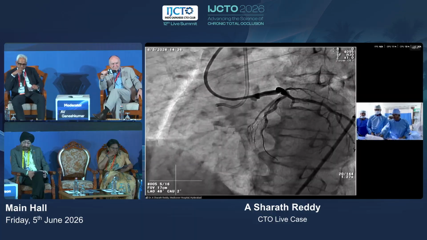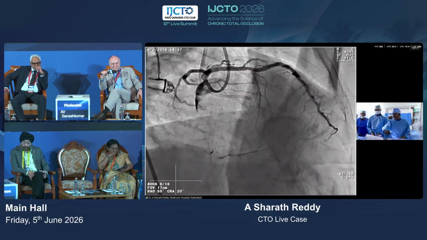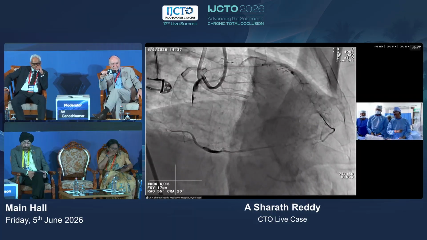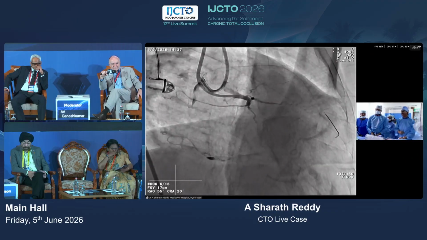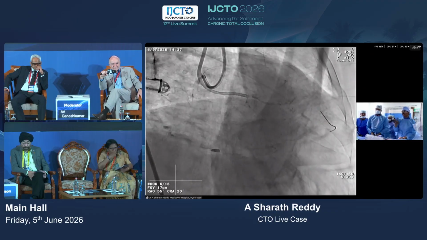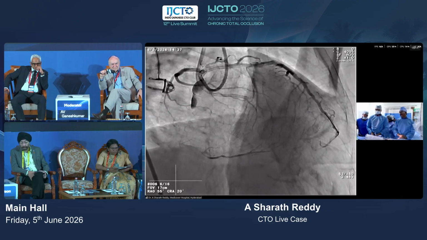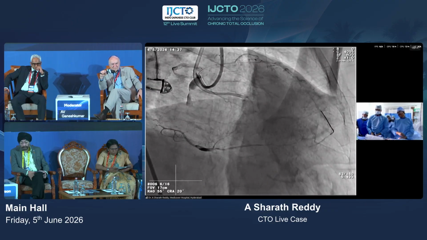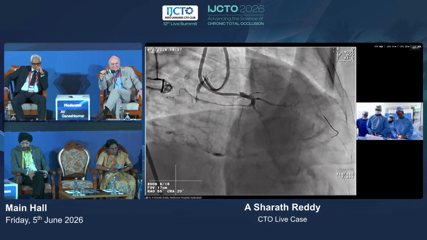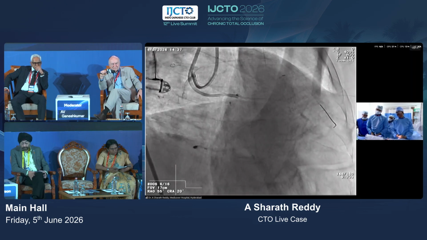But the proximal cap is ambiguous, and this is the view which CT gave. You can see both the branches at the proximal cap going exactly in opposite ways, with RCA in the middle. So these are the two dual injection views which we took.